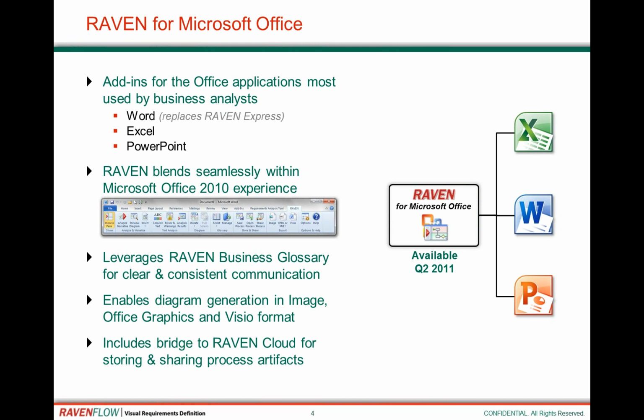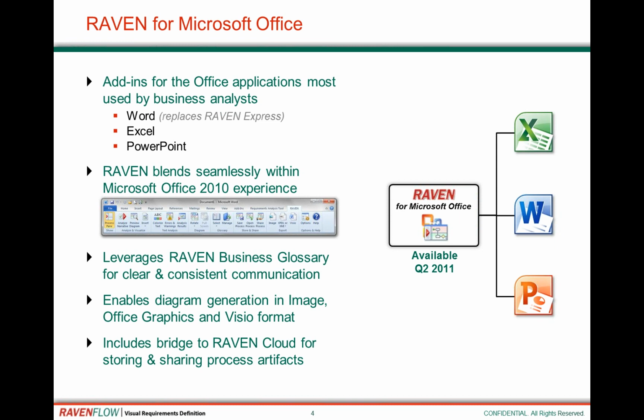And as I said before, the last bullet here, a bridge to Raven Cloud. What that really means is, again, I could author a process or a use case in Microsoft Word, Excel, or PowerPoint. I can elect to save it away, meaning decouple it almost, and allow you to store it independent of the document that it was authored in, and save it away. And then I could go over to my home workstation, my personal desktop at home.